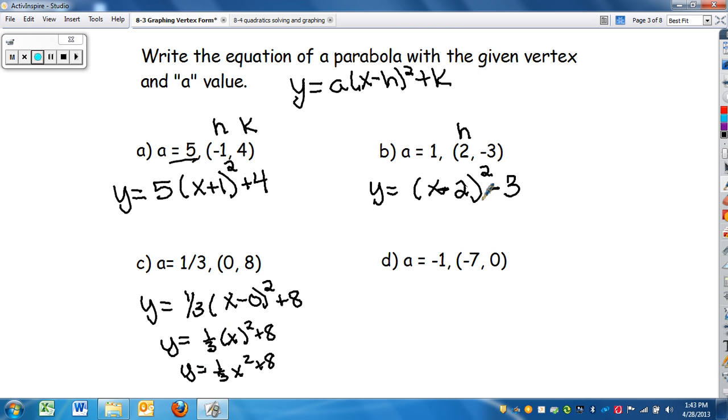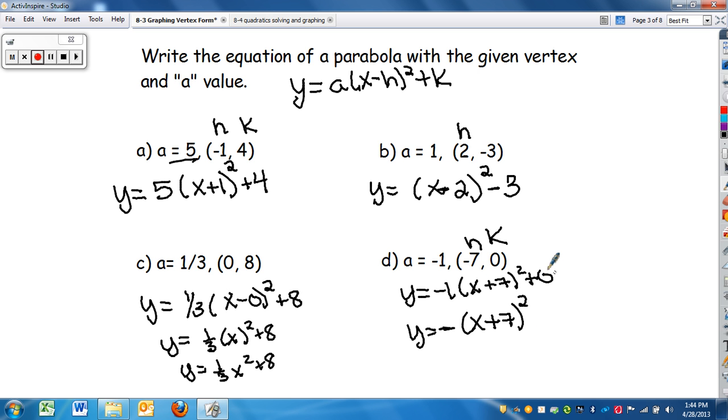And then on your last example, we have negative 1, so y equals negative 1, x plus 7, the opposite of your h, squared, and k is 0. A couple of things you can simplify here. We have a negative 1, so we can just have a negative up front, which is what you would see. X plus 7 squared we can't simplify, and then we don't need the plus 0.